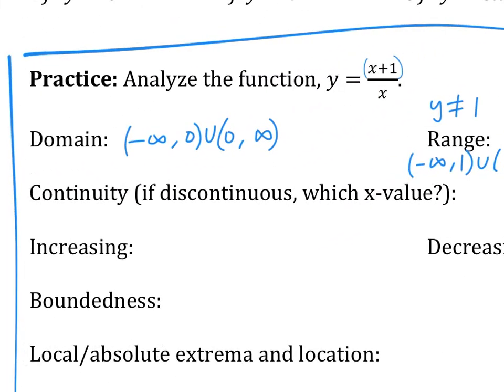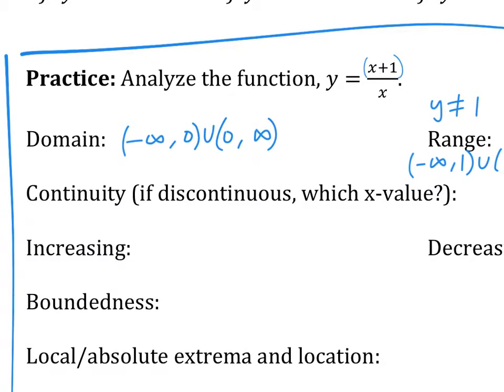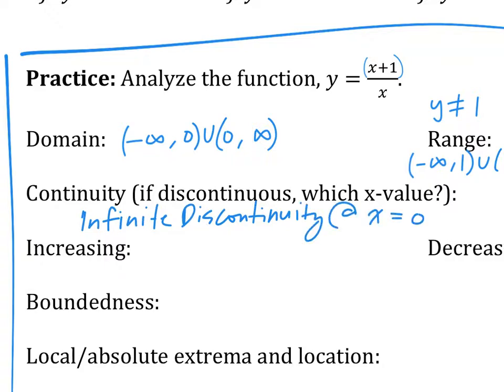Okay, Iris, what is the continuity? Infinite discontinuity, yes. And that's going to happen at x equals 0. Junior, what is the increasing interval? You don't know. How about Evan?